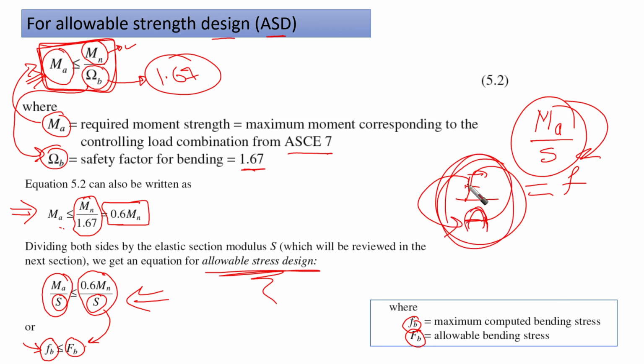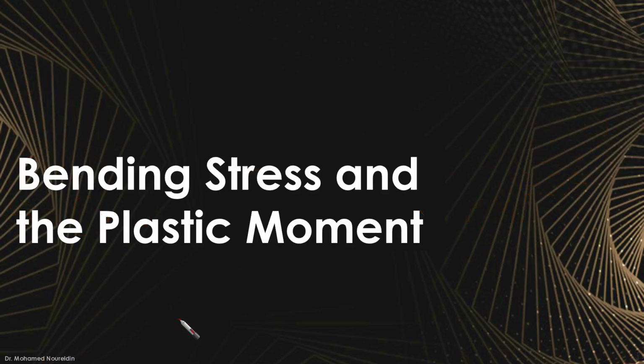So there is no change here. Whether we use the moment or the allowable stress, both are okay. Now let's go to the next part, which is bending stress and the plastic moment. This is an important thing that we need to understand clearly.